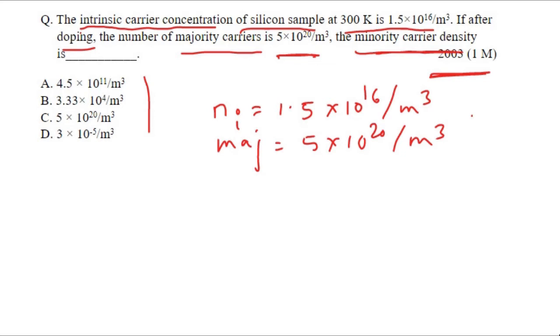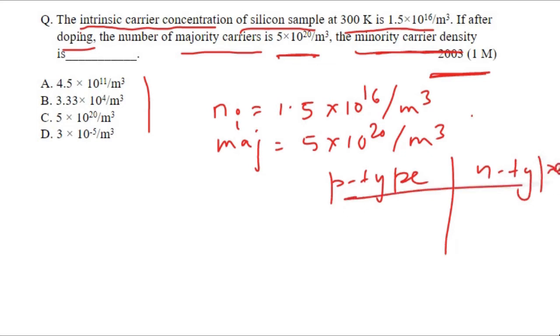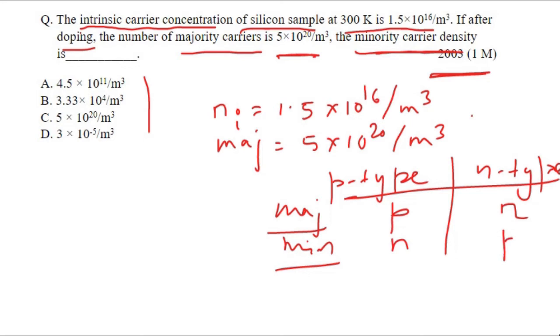So what do we mean by majority and minority carriers inside the semiconductor? For P type and N type, the majority carriers in P type are holes, and the majority in N type is electrons; the minority in P type is electrons and in N type is holes.